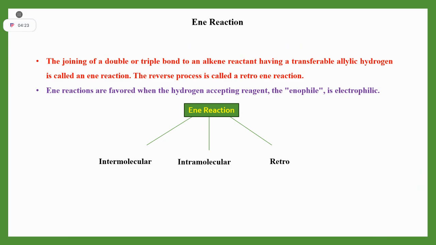So, what is the ene reaction? The joining of a double or triple bond to an alkene having a transferable allylic hydrogen, right? Let's say here we have a methyl group.